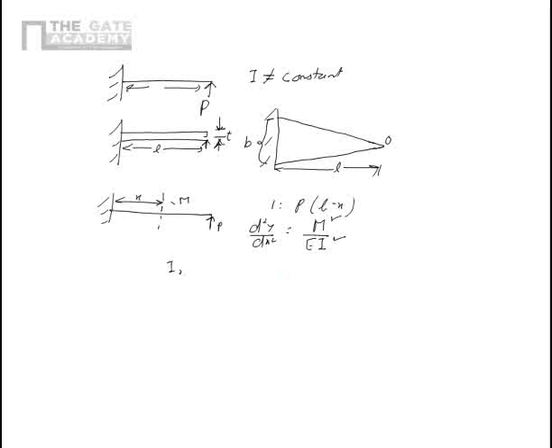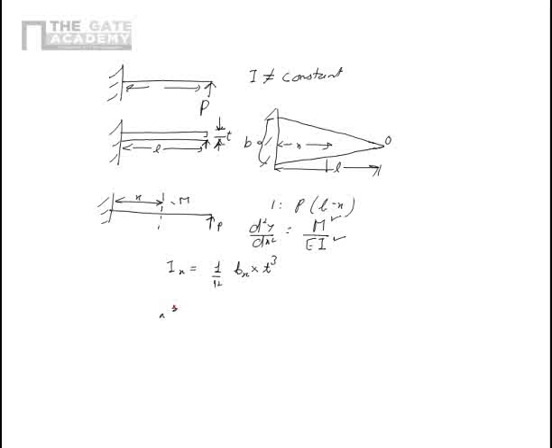So I at that location x will be equal to 1/12 times the width there, bx, multiplied by t cube. So what is the bx value? What is the width at location x? This is the location x.